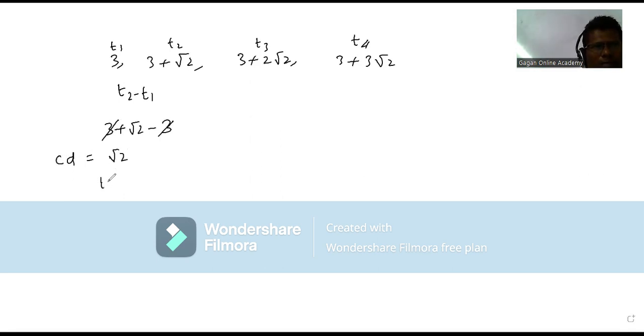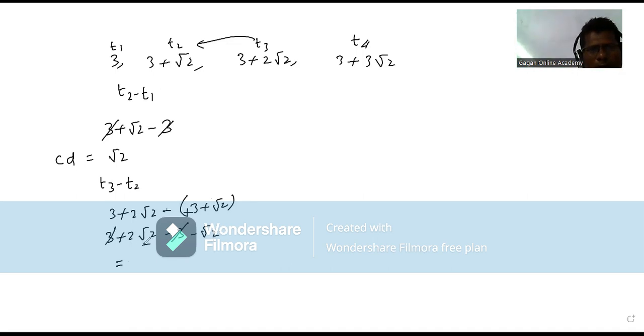In the same way we find T3 minus T2. T3 is 3 plus 2 root 2 minus T2 which is 3 plus root 2. The plus 3 becomes minus 3, plus root 2 becomes minus root 2, since minus into plus gives minus. 3 minus 3 gets cancelled. We are left with 2 root 2 minus root 2.